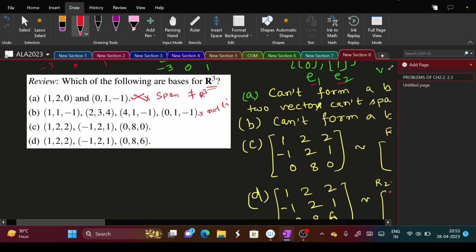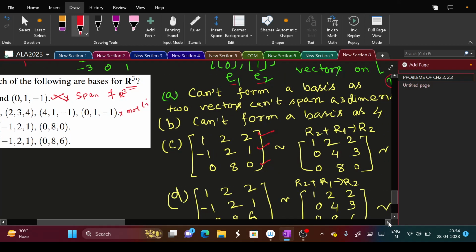Now these vectors are linearly independent because of the corresponding matrix I wrote: 1, 2, 2, minus 1, 2, 1 and 0, 8, 0. What operation will I do on this matrix? Here R2 plus R1 stored in R2.